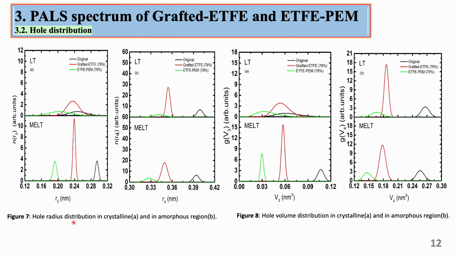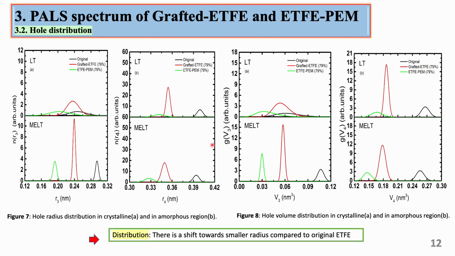Hole radius distribution in crystalline A and in amorphous region B. And Figure 8. Hole volume distribution in crystalline A and in amorphous region B. You can see there is a shift towards smaller radius compared to original ETFE.